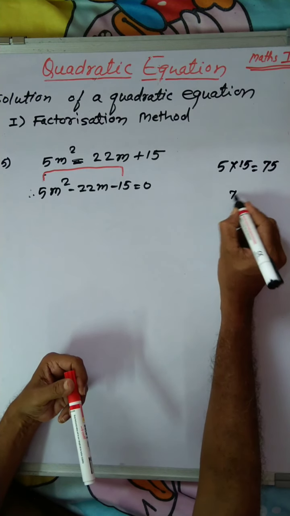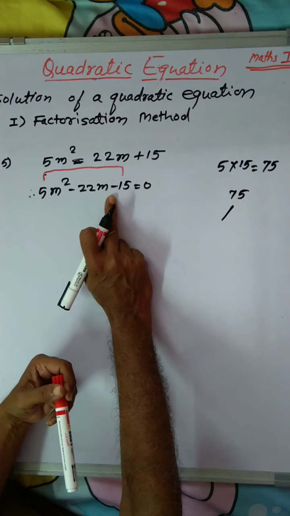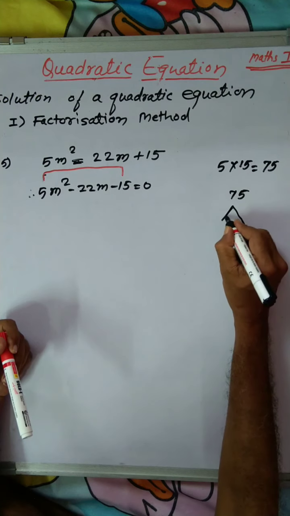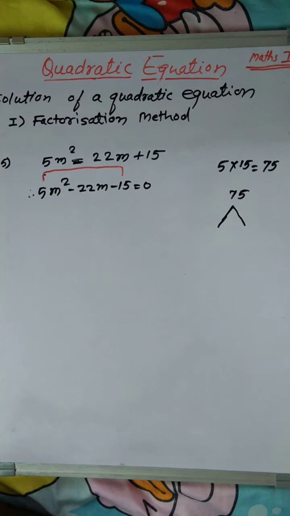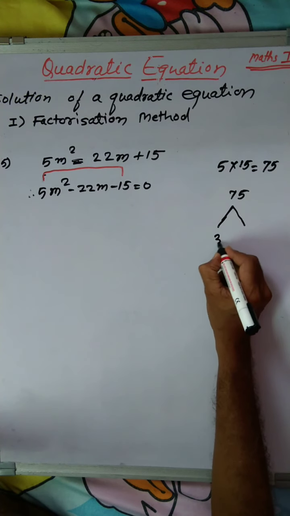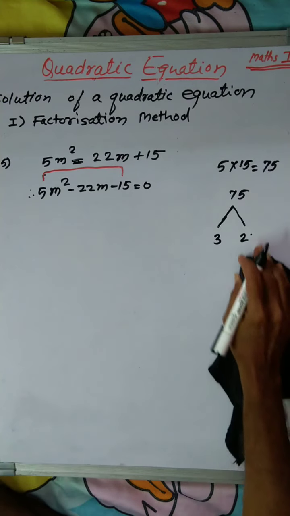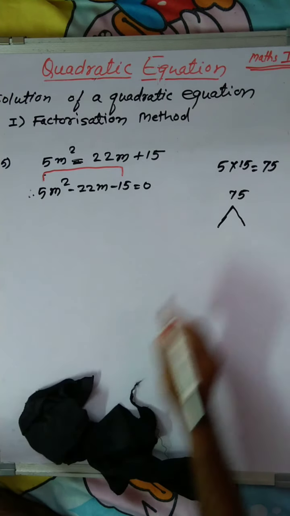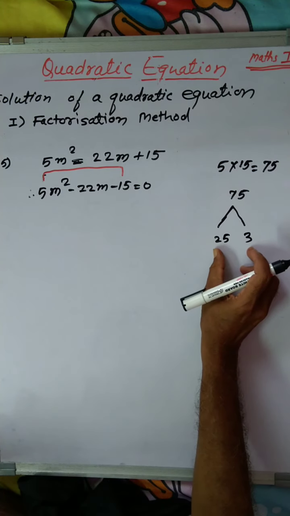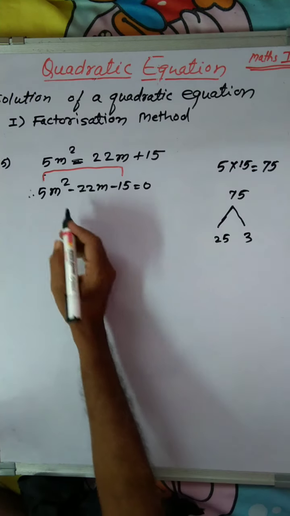Now we have to factor 75 such that, as there is a negative sign, their difference is 22. The factors of 75 are 3 into 25. Their difference is 22: 25 minus 3 is 22. Hence the difference is 22.